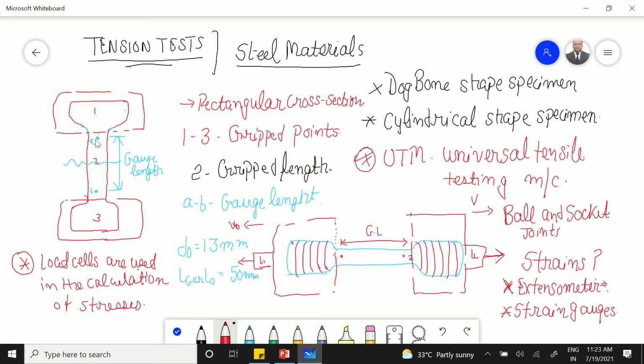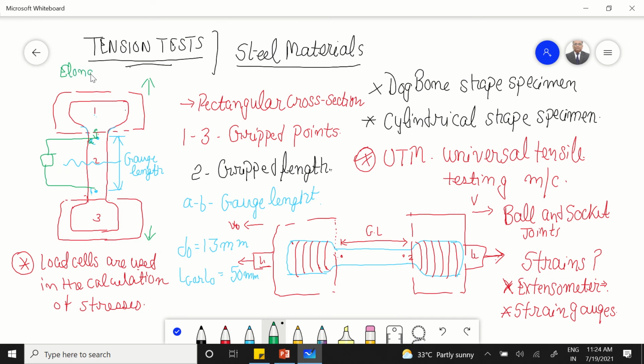We attach the extensometer like this to these 2 points, A and B, and whenever this gripper moves in this direction and this gripper moves in this direction, there will be a change in the relative positions of points A and B. The extensometer measures these changes in the position of A and B, and this change in displacement we call elongation.